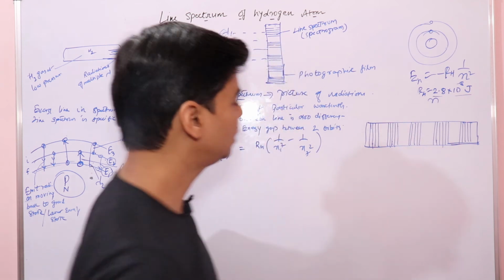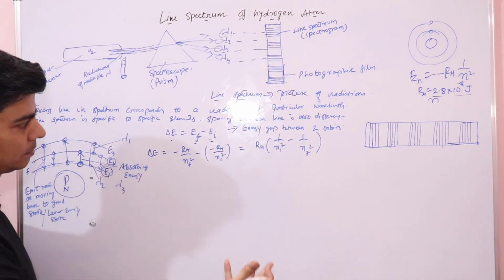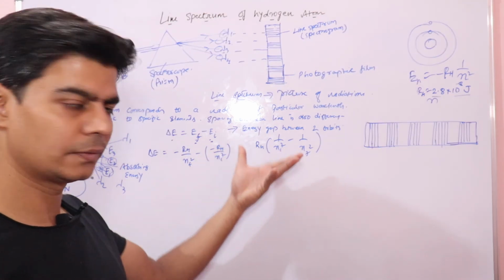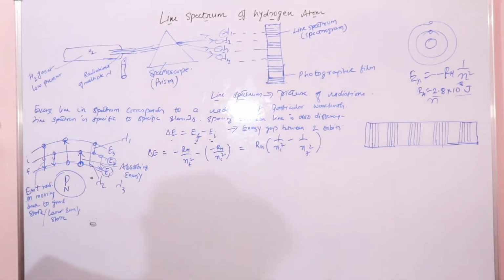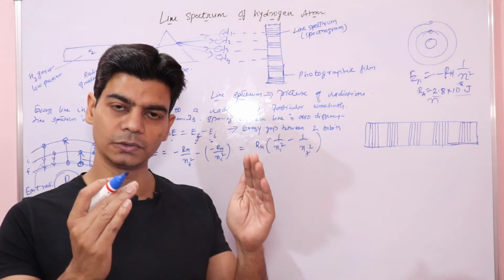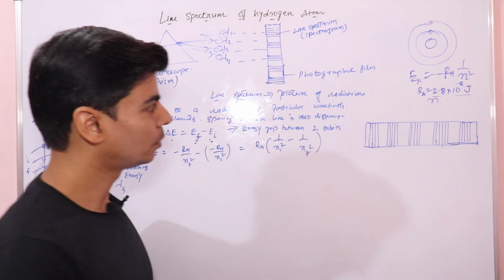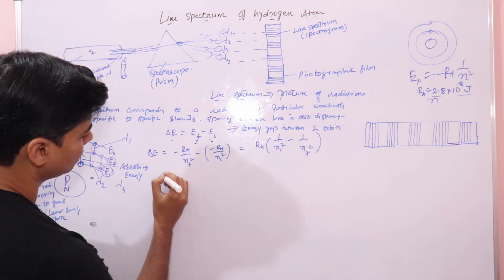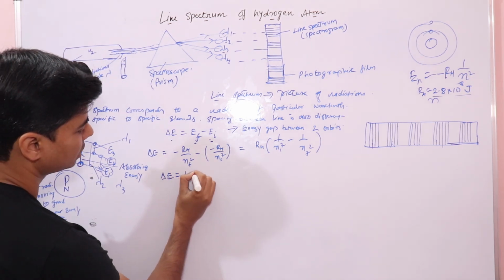Now if you want to find the wavelength, this is the energy of the emitted radiation, right? Energy of the emitted or absorbed radiation, whatever is the case. Now if we talk about the wavelength, what is the wavelength of the emitted radiation when it falls from a higher energy level to a lower energy level? We can use the formula to find the frequency, as the formula is delta E is equal to h nu.